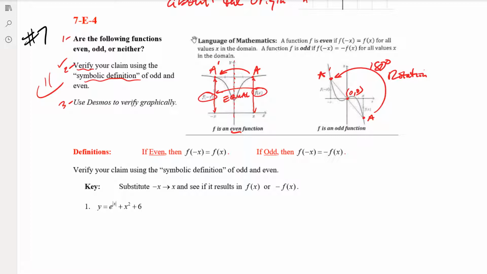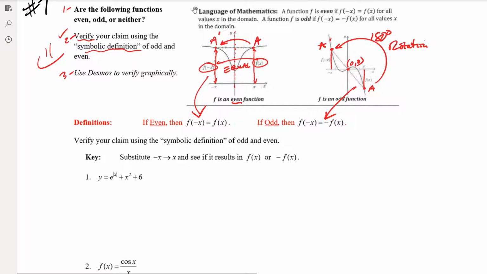This distance, which is f of negative x, is equal to the opposite of f of x, because this number is negative and this number is positive, so you have to take the opposite. They're the same values but opposite in sign. That's what this definition is, and then also this definition here.